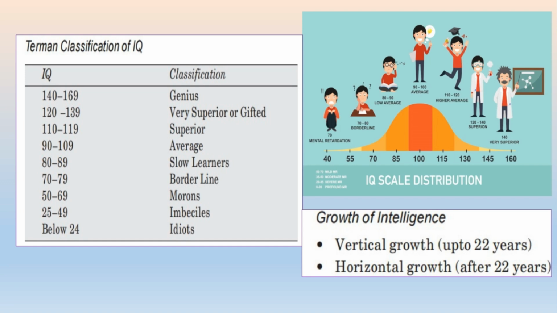Those scoring 110 to 119 were labeled superior, and 90 to 109 fell into the average range. Lower scores were classified as slow learners, 80 to 89, or borderline, 70 to 79. Below this, terms like morons, 50 to 69, imbeciles, 25 to 49, and idiots, below 24, were used.